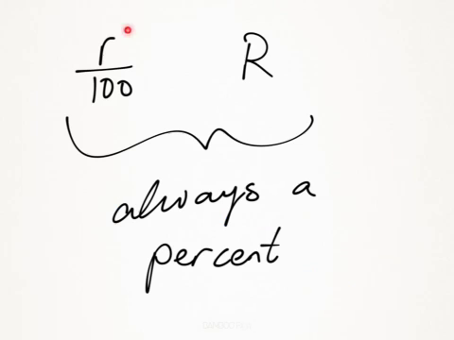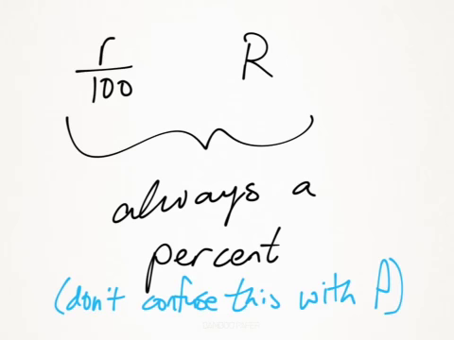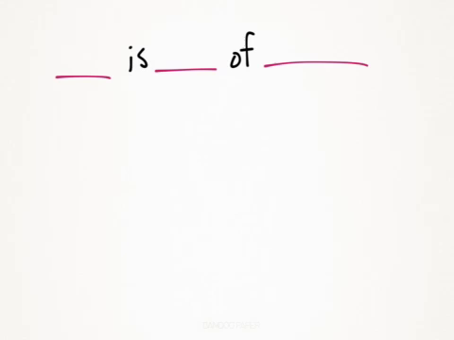But again, the R, whether it's lowercase or uppercase, always refers to a percent, not the percentage. So most importantly, don't confuse this with the big P. Now the problems you're going to see are almost always laid out in this format: blank is blank of blank, except you're not going to have blanks.